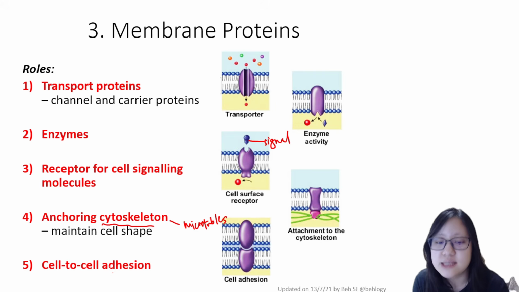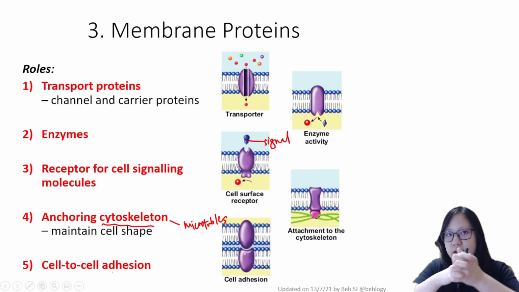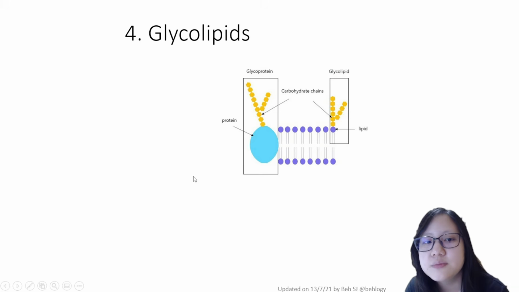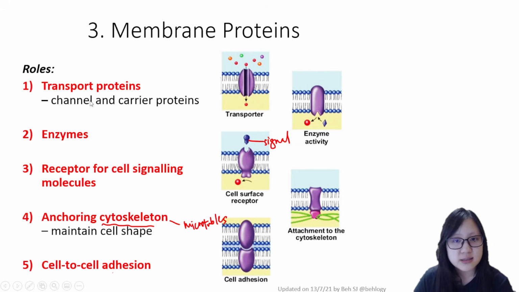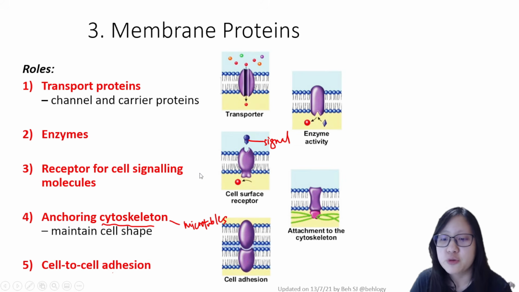Adhesion literally means sticking. So how do cells stick to each other? Some proteins do that. You can see here, this belongs to one cell, this belongs to another cell, and you can see how proteins link to each other to allow the cells to stick together. So these are the roles for proteins, not just transport proteins, but also all of these. Yes, you need to remember them.